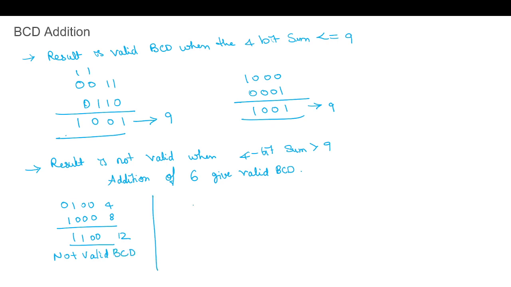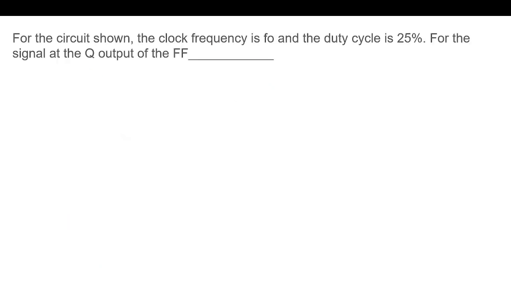So we have to perform an addition of 6. So 1 1 0 0 plus 0 1 1 0, which is plus 6. And we get 1 0 0 1 0. This carry, we add 3 zeros. So this gives 1 in BCD and this gives 2. In this way, we perform the BCD addition.